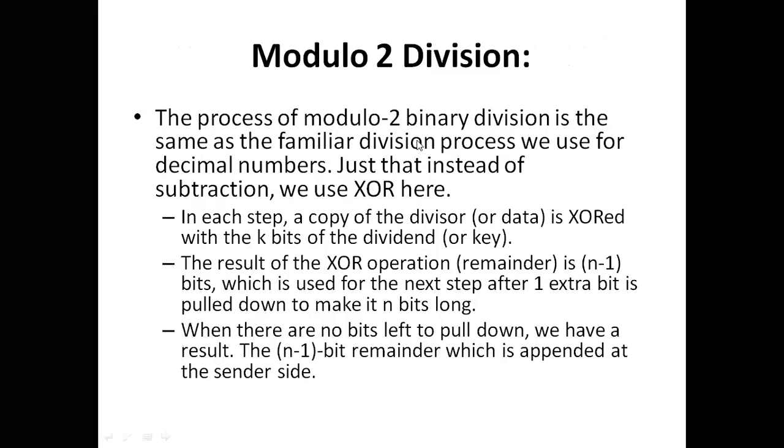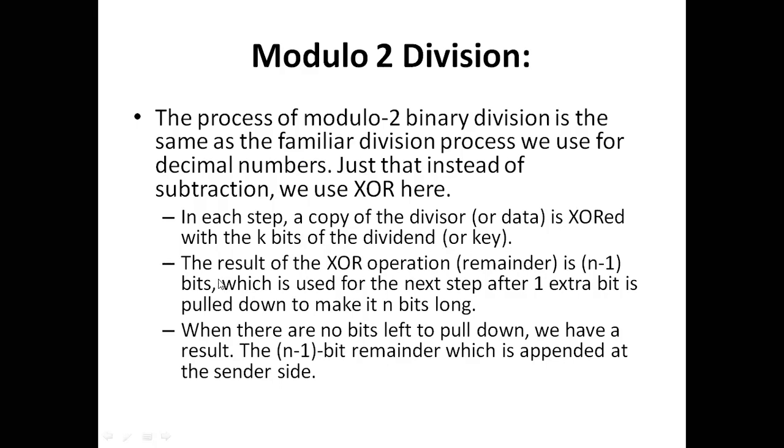So this is the modulo 2 division. In modulo 2 division, we do the XOR operation for the subtraction of the data. I hope you know what XOR and modulo 2 binary division are. In each step, a copy of the divisor, the key, is XORed with the k bits of the dividend.